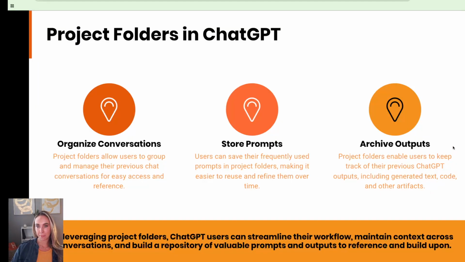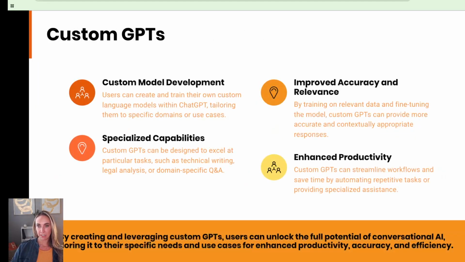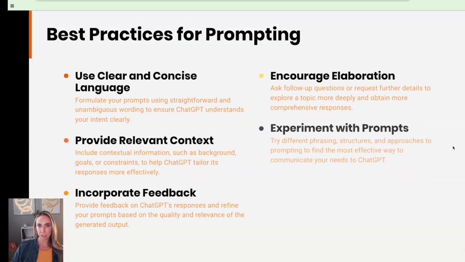Here's the custom GPTs, but I want to talk a little bit about prompting. When you're prompting in a custom GPT, you don't have to think about your prompting that much, but when you're prompting just in a basic ChatGPT chat, make sure you're following these best practices.